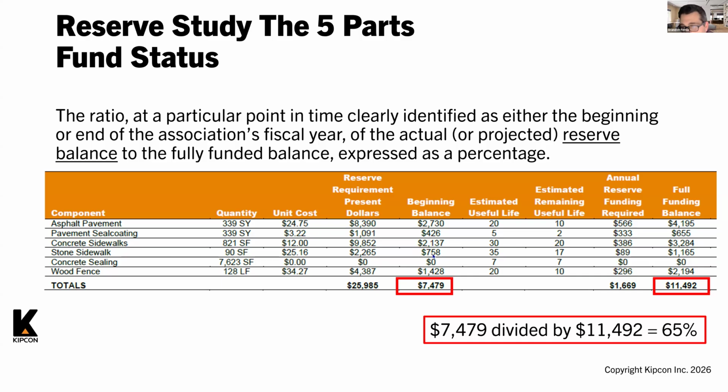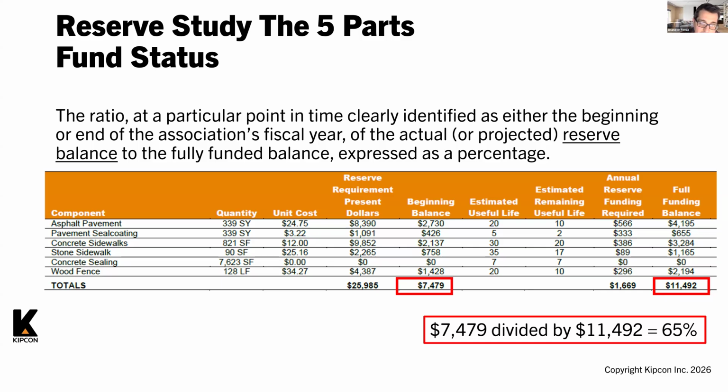So you can see, just using this example here, what this association has: they have $7,400 for these components, and the full funding balance says that they should have, in a 100% fully funded, perfect pie in the sky world, $11,400.